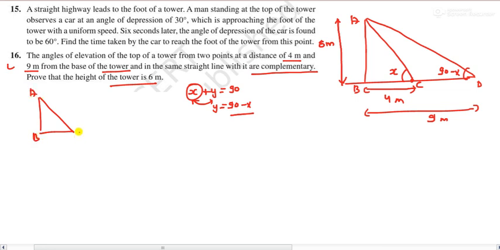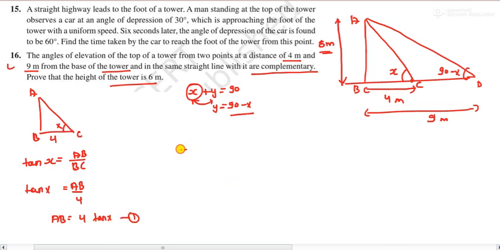This is 4, this is x, we don't know AB. Here it is given 6, we need to prove that. So see, tan x will be AB by BC. We don't know AB, but we know BC, which is 4. So can I write AB as 4 tan x, right?